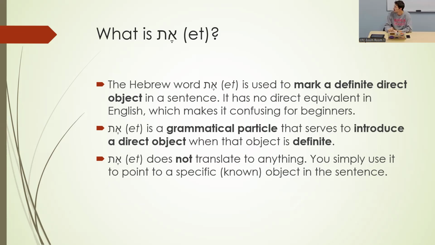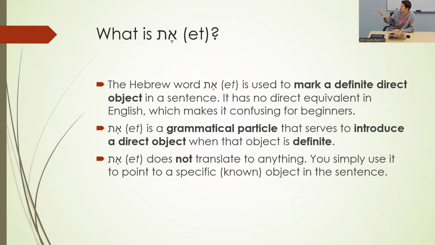Then there's this word called et. We have seen this and touched on it, but it's what's called a direct object marker. It doesn't do anything necessarily, but it points to a definite object. It marks a definite object, and marking is a good way to get a sense of what this word is.